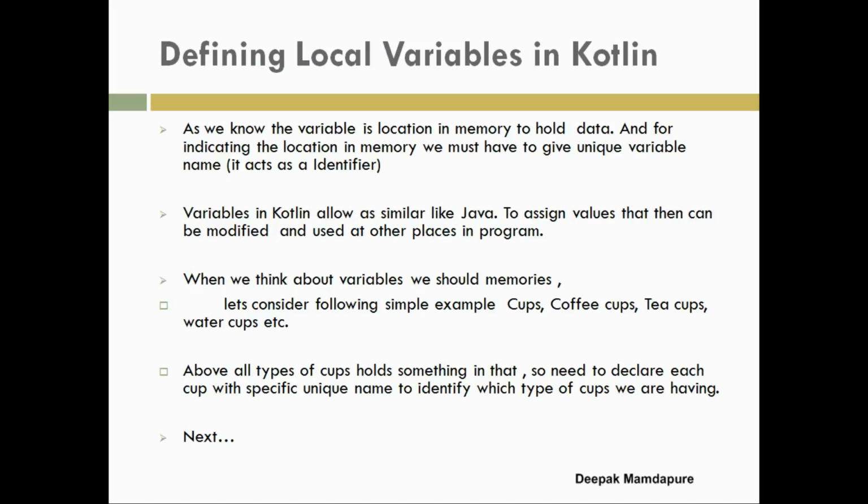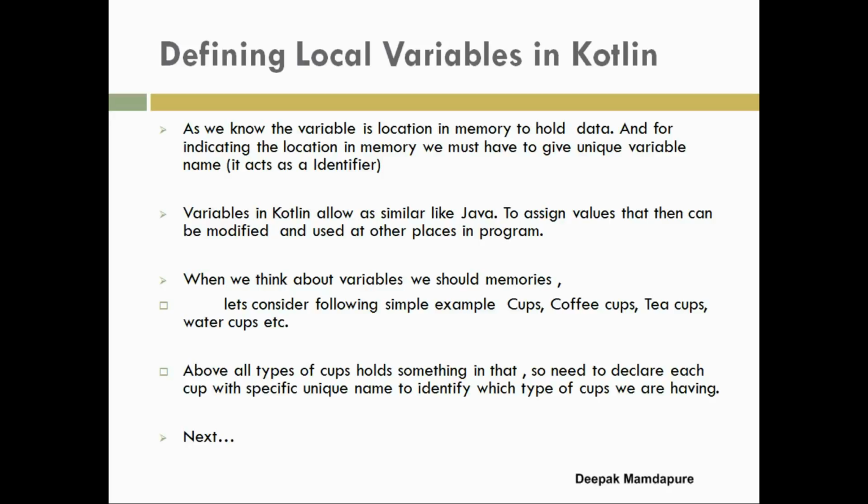Now coming to the first point, defining local variables in Kotlin. As we all know, what is a variable? A variable is nothing but a memory location where memory can hold some data. For identifying that memory location, we have to give a specific name to that location, and that name must be unique.